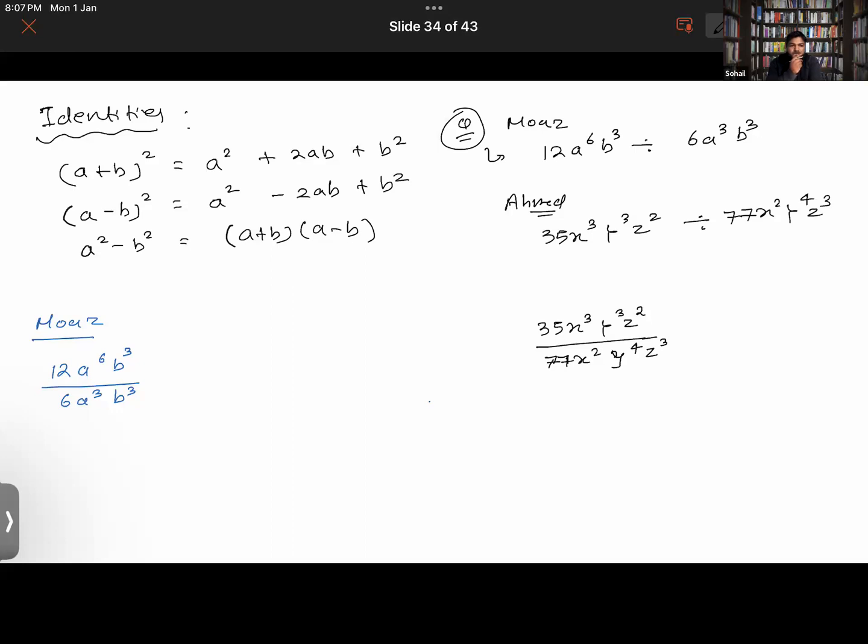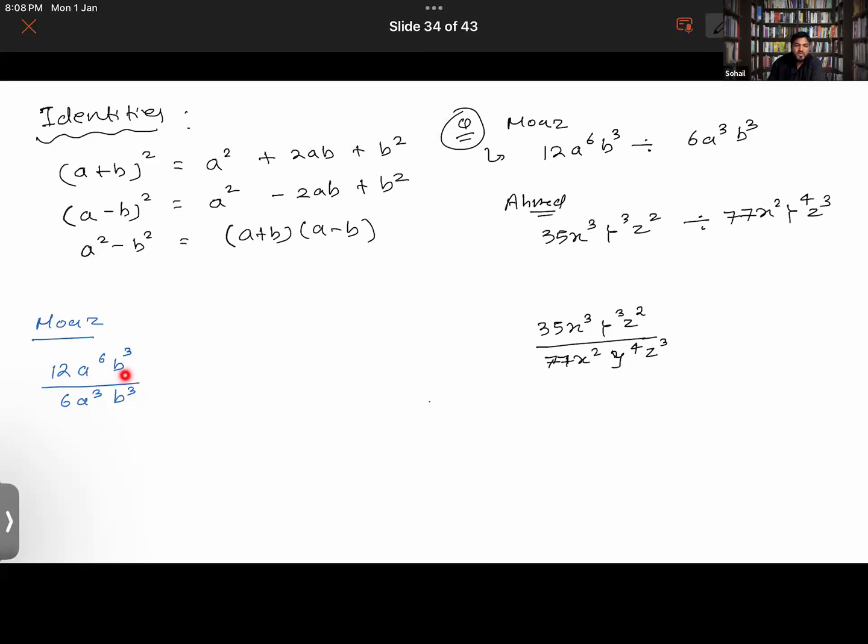Should I do the 35x cube one also? No, that one Ahmed will be doing. Okay, what answer did you get for the first one? Sir, I got 2a cube b. Okay, why would you be getting b also? Because sir, I subtracted 3 and 3, that will basically be 0. 3 minus 3 will be 0. Yes, sir. So then finally it will be 1 actually.